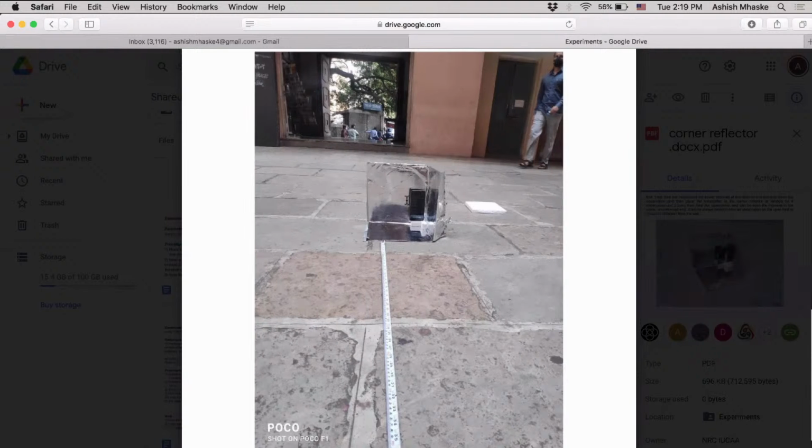One way of analyzing the effect in your mind is to imagine a reflection of the radiator about the reflector.